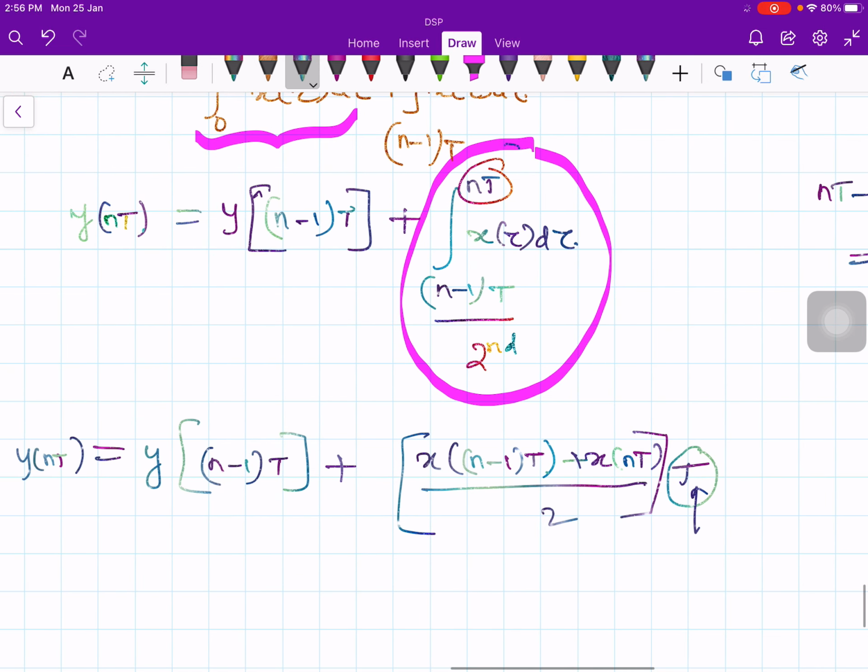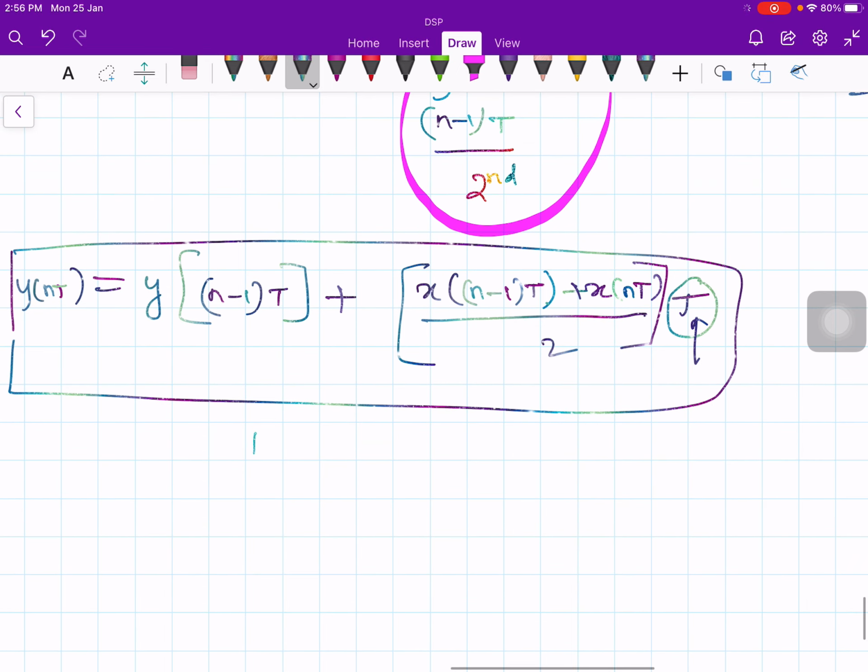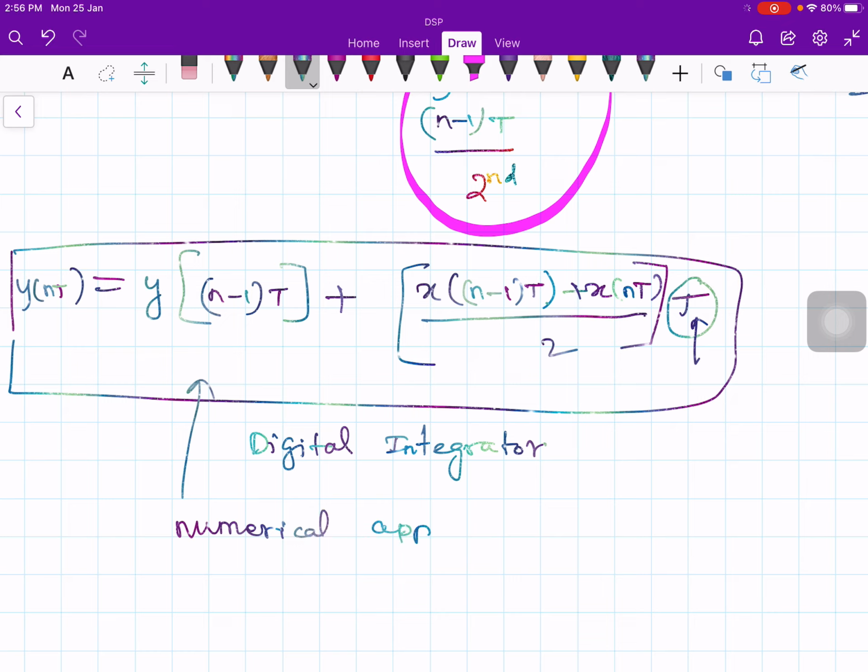This is called a digital integrator. The digital computer handles only digital numbers. So, this is called a numerical approximation procedure.